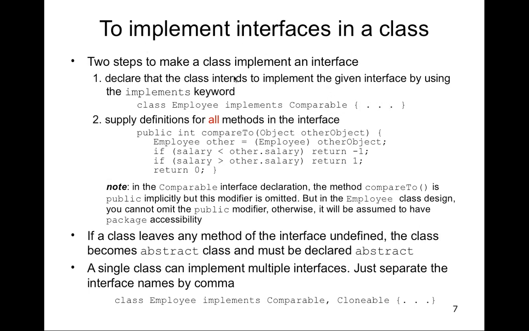There are two steps to make a class implement an interface. First, declare that the class intends to implement the given interface by using the implements keyword. That's this example here. More commonly, you'll see class Employee implements Comparable, and then you can string off all of the implements you want.